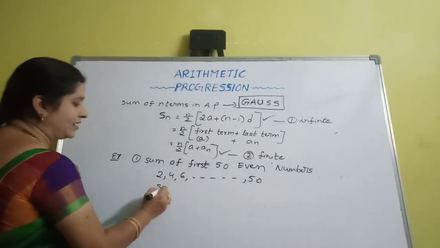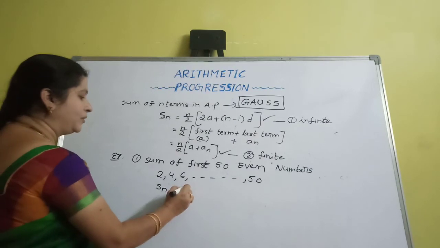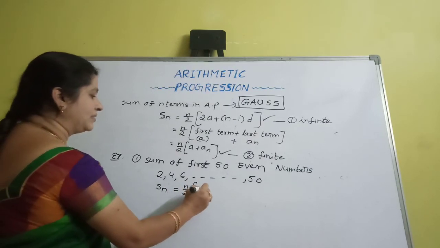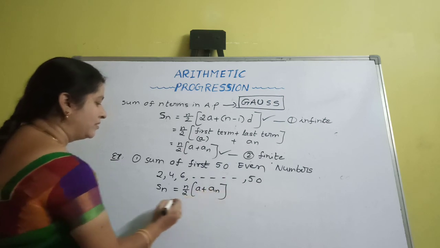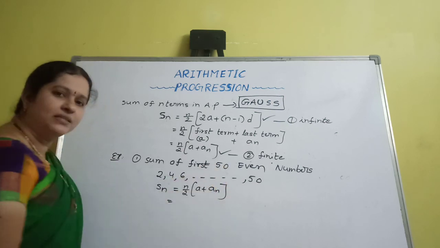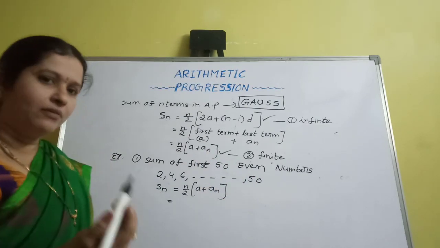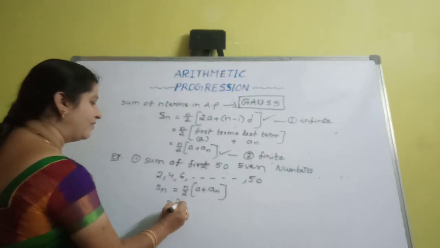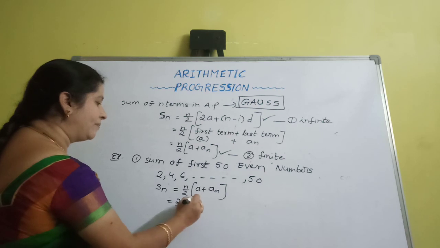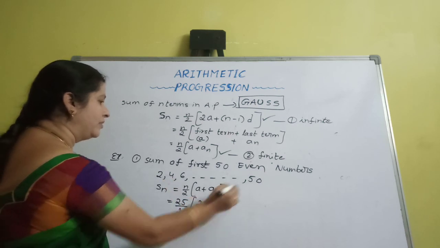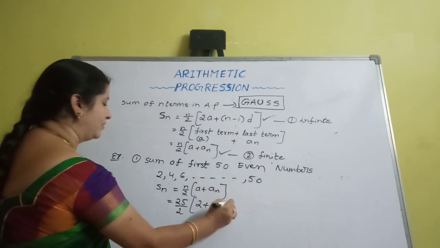So here Sn equal to n by 2 into a plus an. So n means how many even numbers are up to 50? 25 even numbers are there. So 25 by 2 into a value 2, an value 50.